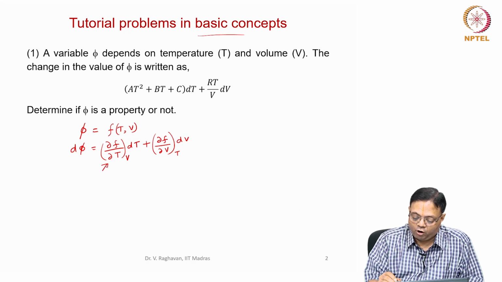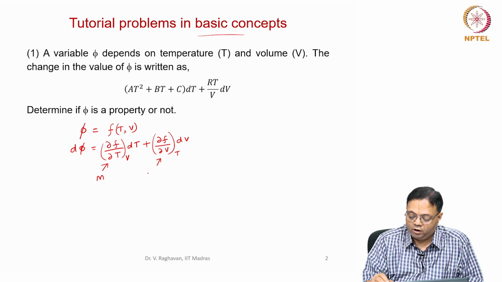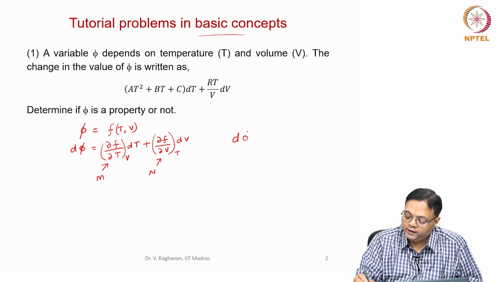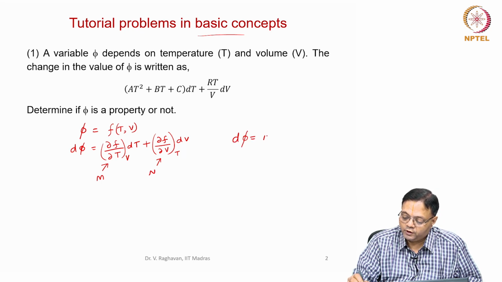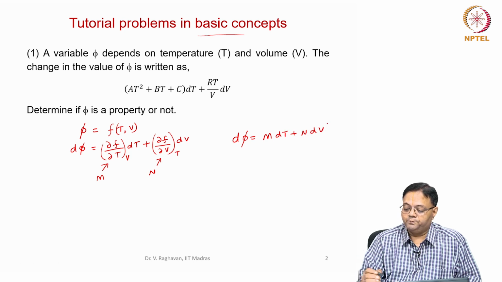Now, this I call M and this I call N. So, d phi will be equal to M into dT plus N into dV.